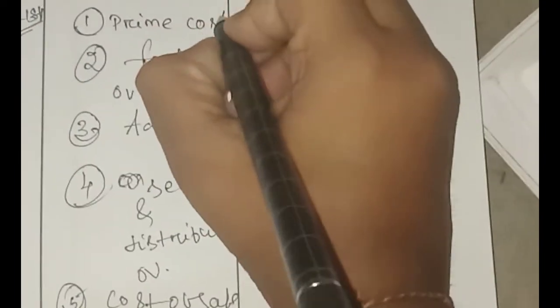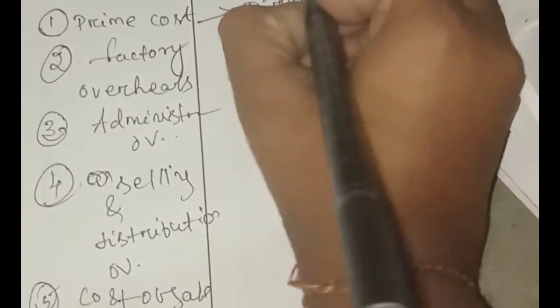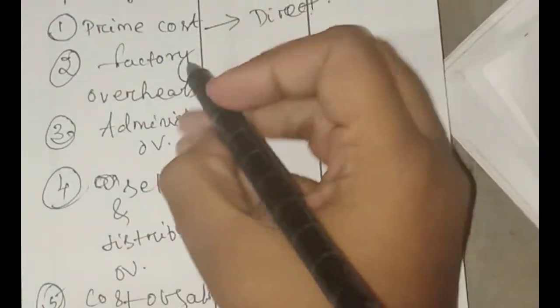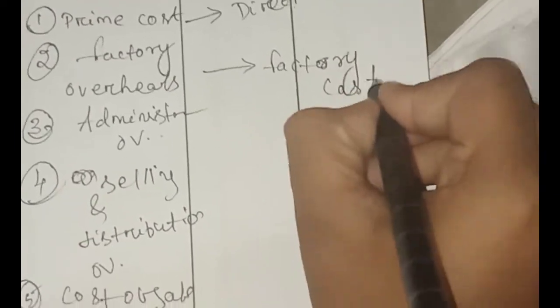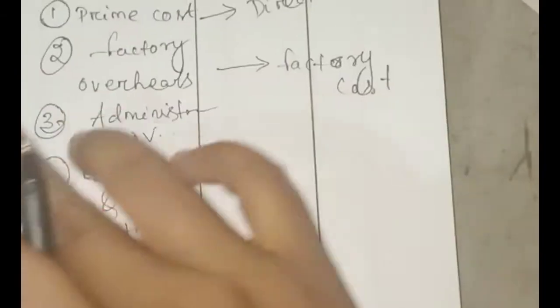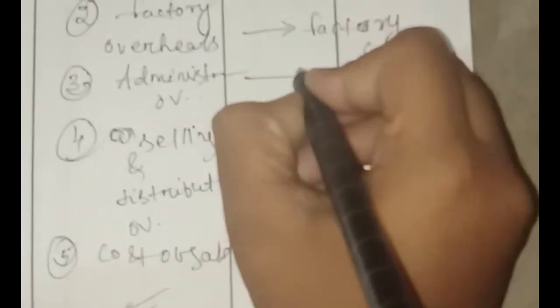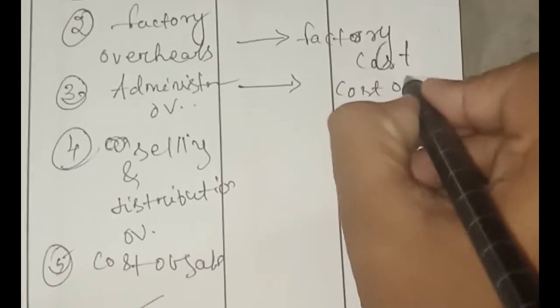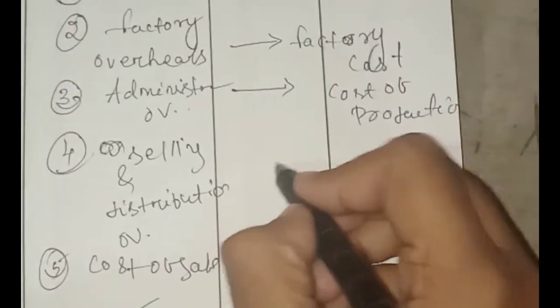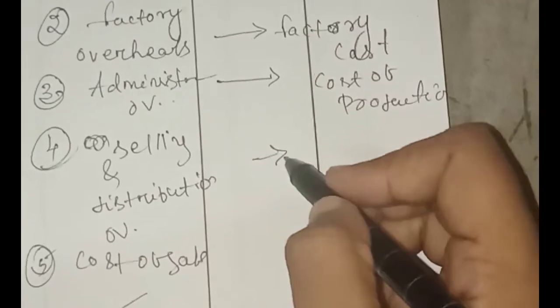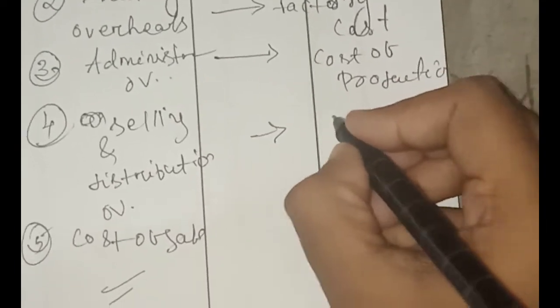Here prime cost is all the direct things: direct material, direct labor, direct expenses. All the factory overheads give factory cost, and all administration overheads give cost of production, and all selling and distribution give cost of sale.